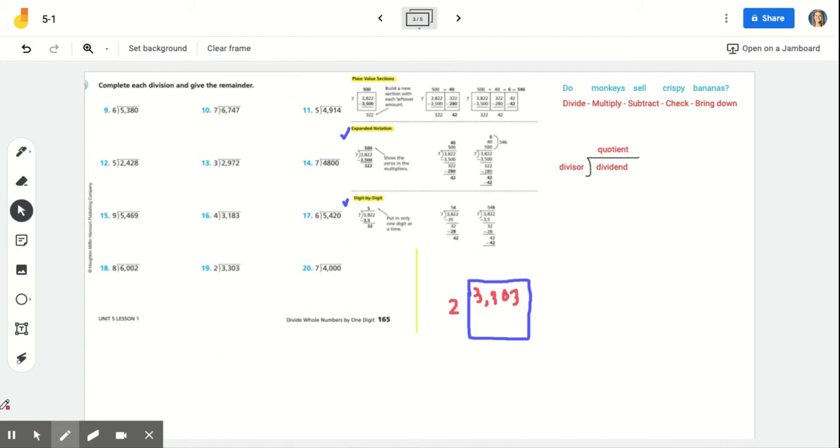All right. And what I'm looking at again is the place values with our dividend here. And I see that I'm looking for the highest place value, and the highest place value is the thousands. So I'm wondering, is there something I can multiply 2 by in the thousands place value, in which I can divide it successfully into 3,303.